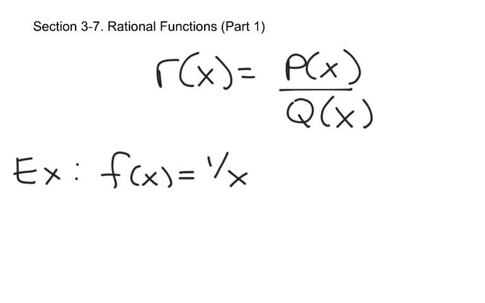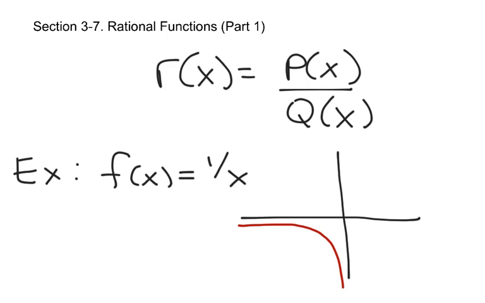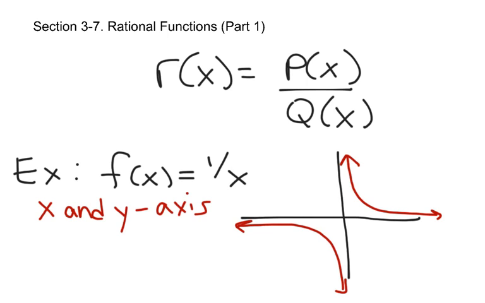If you graph that in your calculator, minus the arrows, the graph is going to look like this. In this graph, both the x and y axis are considered asymptotes. An asymptote is a line that the graph continuously gets closer to but never touches or crosses.